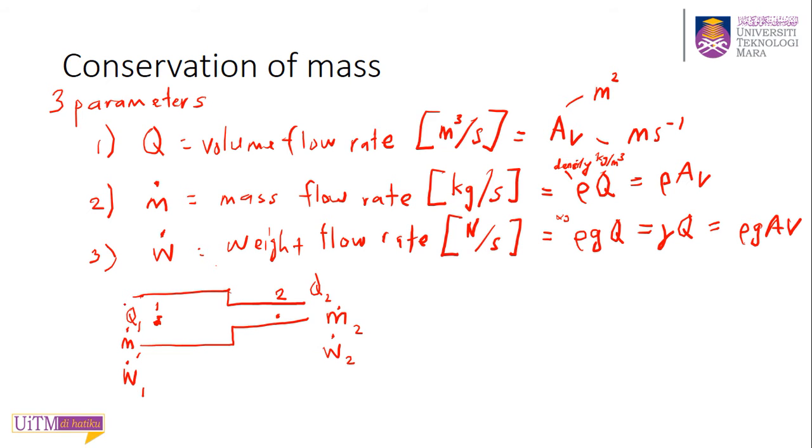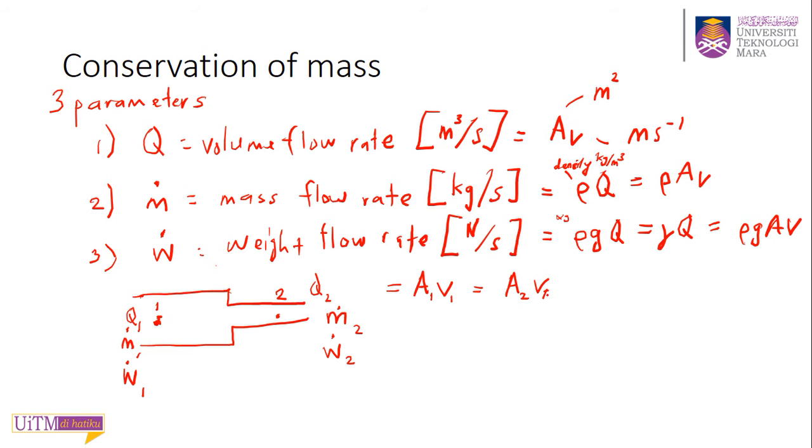This volume flow rate, mass flow rate and weight flow rate is equal at point 1 and point 2. If you take one parameter, let's say volume flow rate, you can translate it as the area at point 1 times the velocity at point 1 is equal to the area at point 2 times the velocity at point 2.